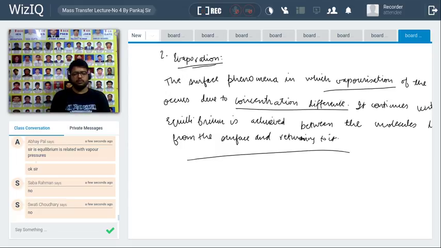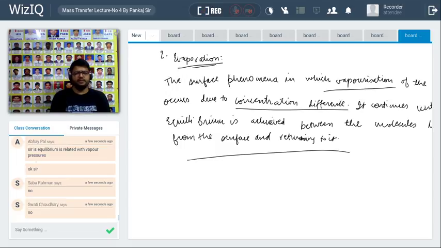It continues. If you keep the water open for many days in summers, nearly the whole of the water gets evaporated. But in winters or during the rainy season, the water remains nearly the same.